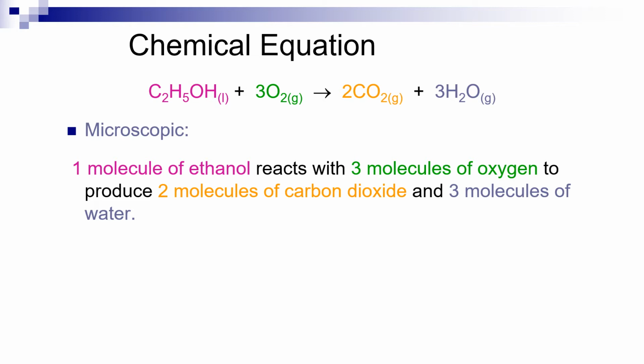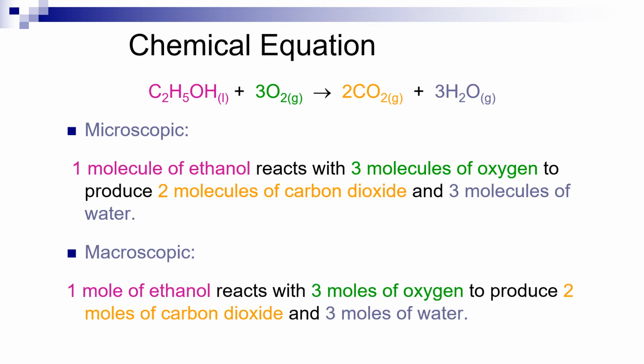So very simple way of looking at it. If we look at it in a macroscopic way, we can say that 1 mole of ethanol reacts with 3 moles of oxygen to produce 2 moles of carbon dioxide and 3 moles of water.